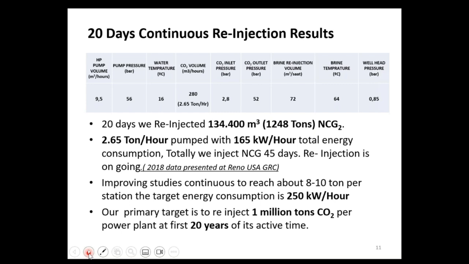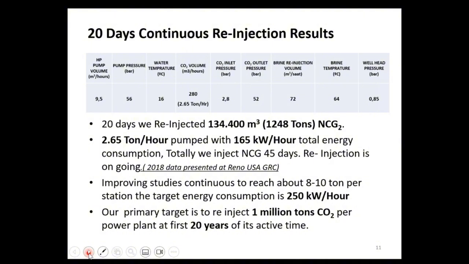Take note that the pressure of the motivated fluid is 4 bar higher than the pressure of the compressed outlet. And the brine injection was 72 cubic meters per hour at 72 bar, and the brine temperature was 64 Celsius degrees. This is a typical binary, medium enthalpy power plant re-injection temperature.